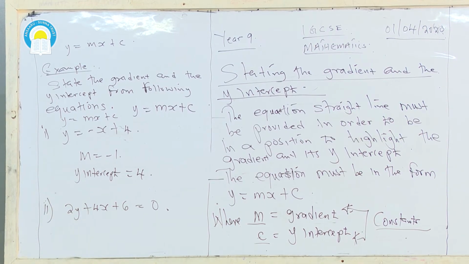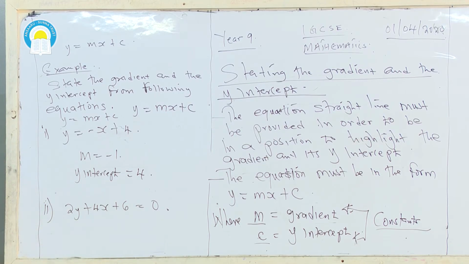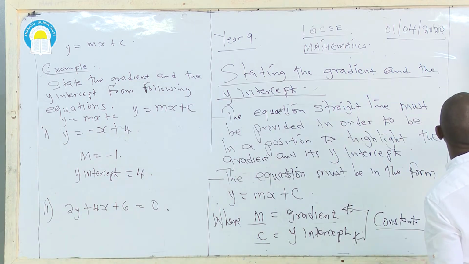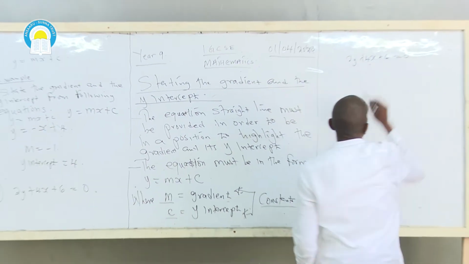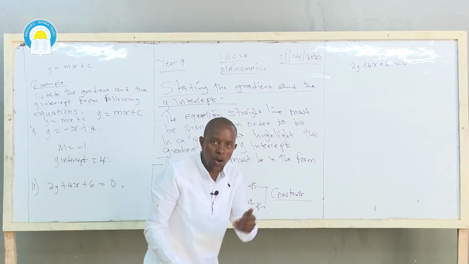That is wrong. The equation has not been written in the form of y is equals to mx plus c. So you start by writing this equation, 2y plus 4x plus 6 is equal to 0. Now, change it into the form of y is equals to mx plus c. How do you do that?